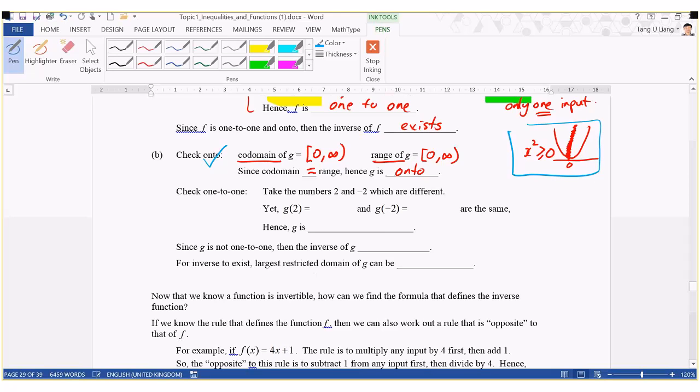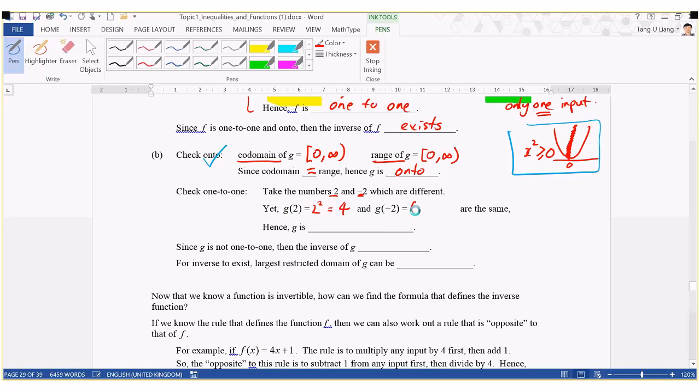What's the output of 2? Well, G of 2 is 2 squared. Remember the formula is x squared, which will give us 4. And G of minus 2 is minus 2 squared, which again will give us 4. So you see, we have one single output 4, but we have 2 different inputs which map to it.